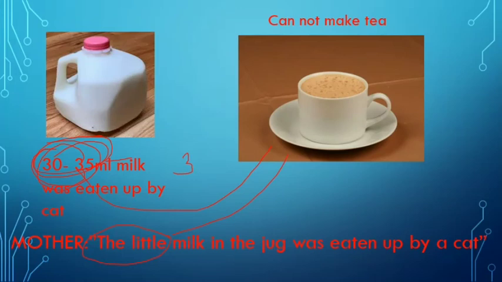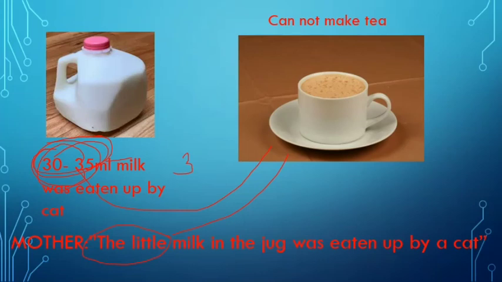So what we discussed already, the little means not much, but all of that is there. Here 30-35 ml milk is not much, but all that is there for making 1 cup of tea. That's why the little.